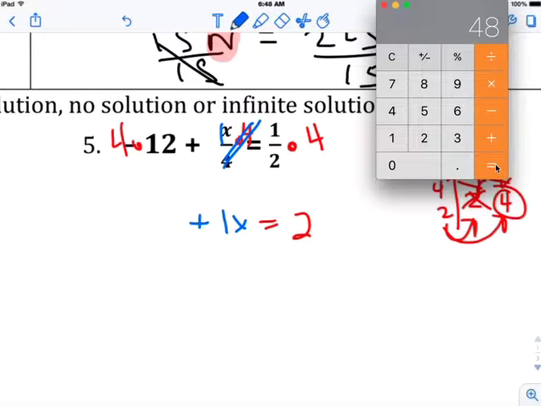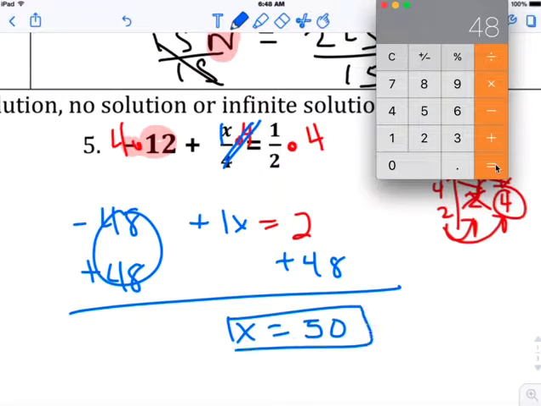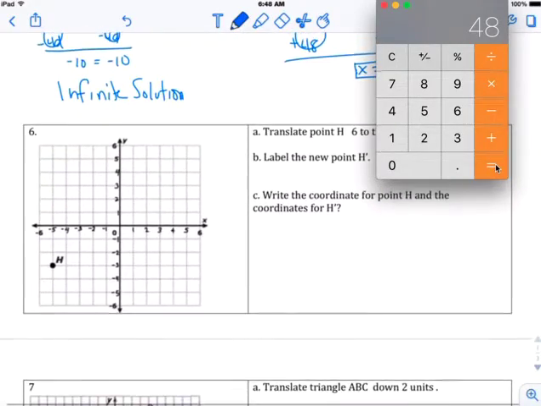You get negative 48, because negative 12 times a positive is a negative. Make equal to 0, add 48, add 48. 1x equals 50. Divide by 1, it still stays 50.